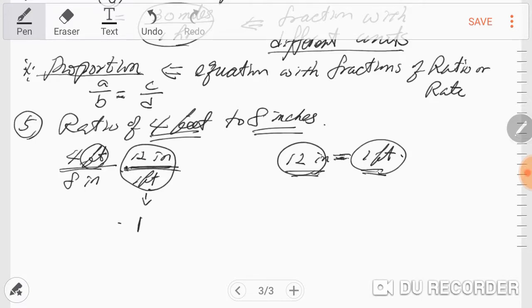So we can cancel out the units, feet and feet, and inches. So this will be 4 over 8 times 2 over 1. Then reduce: 2 over 2 is 1, 4 over 4 is 1. So 1 over 1.